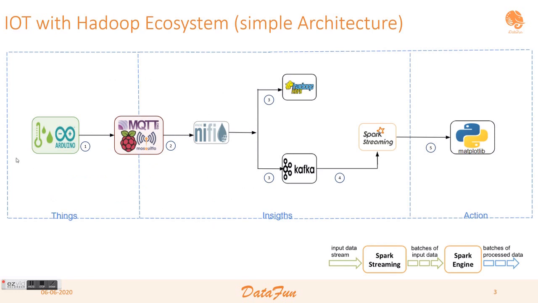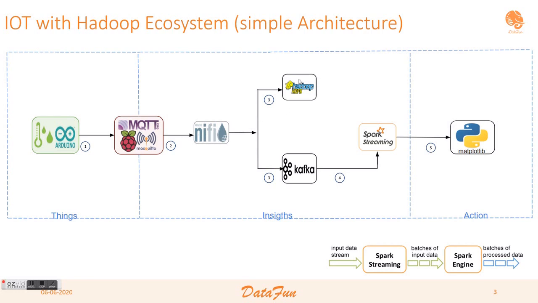Okay, this is a very simple architecture where I have things, insight, and actions. In things I'm going to have a field device. I'll be programming the Arduino board, which will be pushing JSON data to the Raspberry Pi, the MQTT Raspberry Pi, where I have installed Mosquitto as the MQTT broker. From there the data will be published to NiFi.